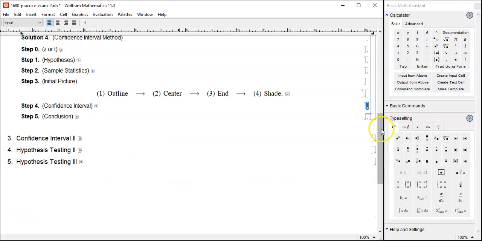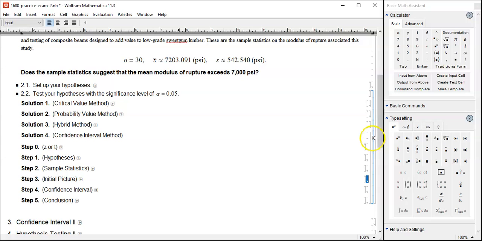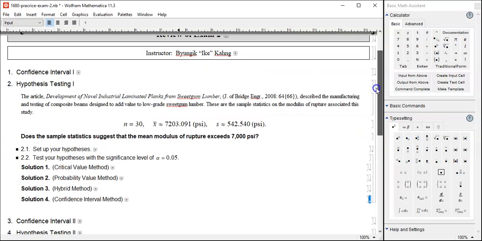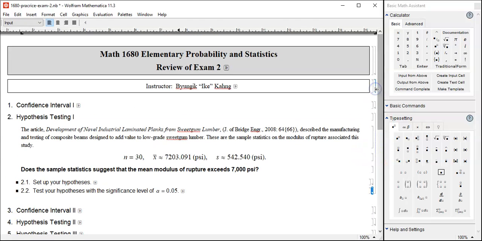This connects the confidence interval computation that we did earlier with the hypothesis testing problem we are doing now in the most natural way. You see, the confidence interval idea and the hypothesis testing idea are actually the same, and the only difference is a little bit of change of signs.